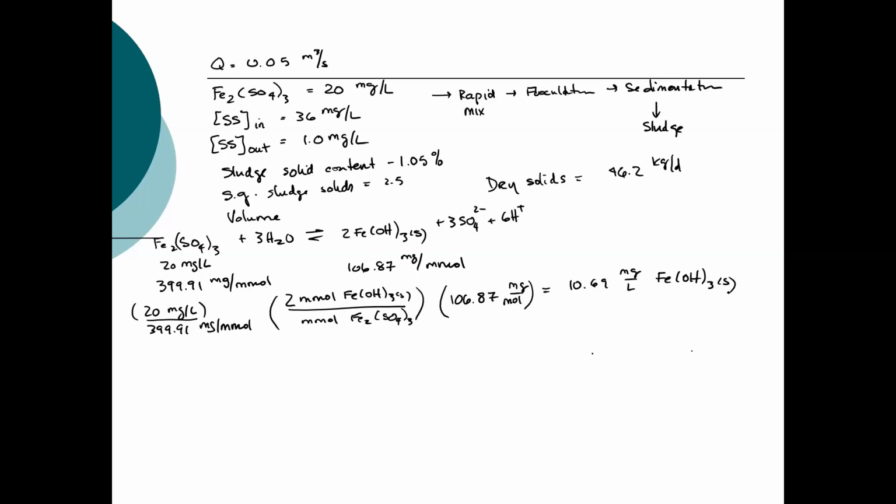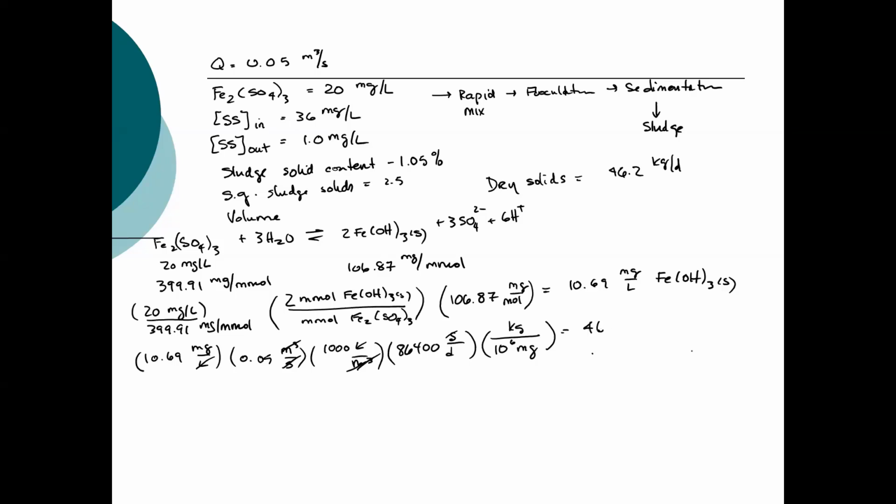To get the mass produced, we have 10.69 milligrams per liter times our flow rate times 1,000 liters per meter cubed. So meters cubed cancel, liters cancel. We need 86,400 seconds per day. Sorry, and we have 10 to the 6 milligrams per kilogram. And that is equal to 46.2 kilograms per day. So that's where that 46.2 comes from.